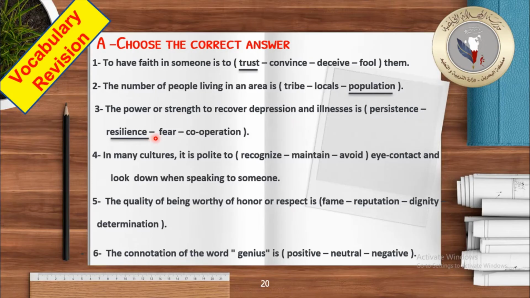Number four, in many cultures, it's polite to recognize, maintain, avoid eye contact and look down when speaking to someone. Take care, because such kinds of sentences are tricky. You know why? Because he says here eye contact and look down when speaking to someone.